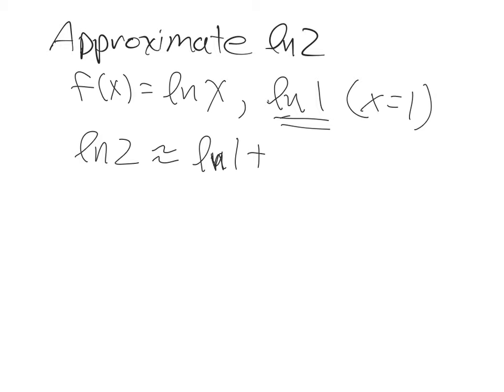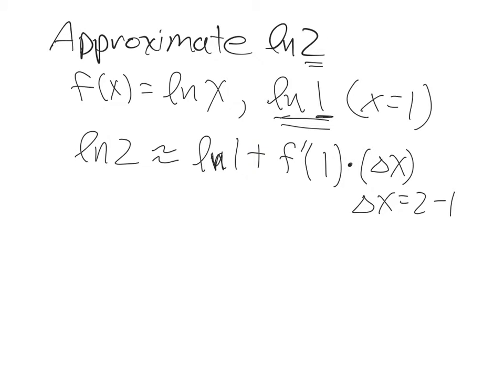Natural log of 1 plus the derivative, we'd say derivative evaluated at 1 times the delta x. And that delta x would be the difference between the ugly value we're trying to find and the nice value. So delta x, in this case, would be the 2 minus 1.